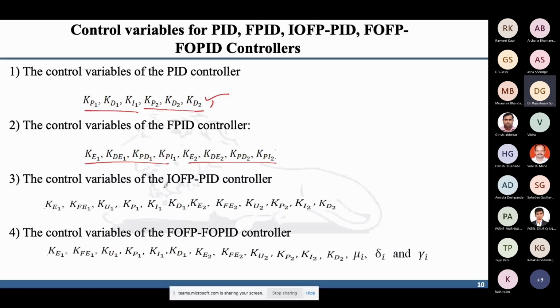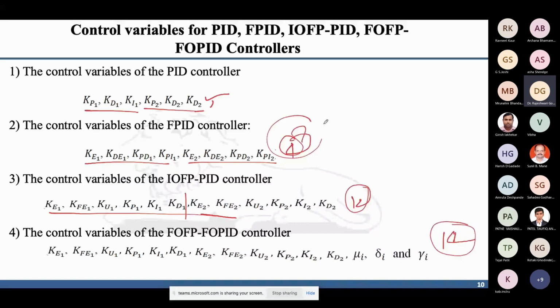The integer order fuzzy pre-compensator has around 12, and here we have around 14 parameters. With such a large number of parameters, they cannot be tuned by the hit and trial process. It is very difficult to do with the help of hit and trial.